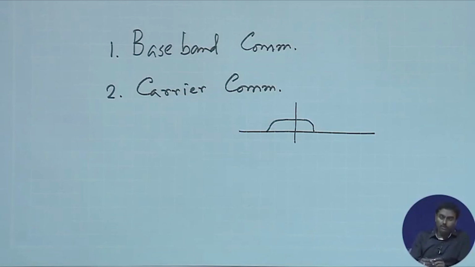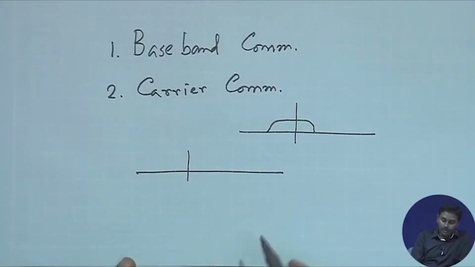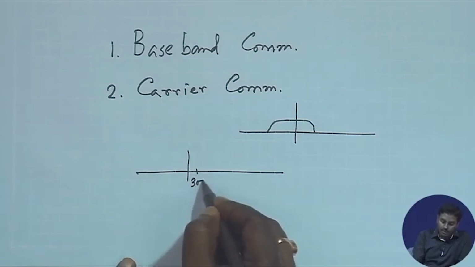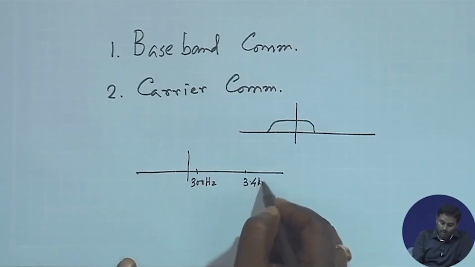So why is it called baseband communication? Generally the signals that we generate in raw form, let us say a voice signal generated through a transducer, so basically we talk and the transducer converts it into an electrical signal. If we try to see how that electrical signal looks, for a voice signal it occupies a band from 300 Hz to 3.4 kilohertz.